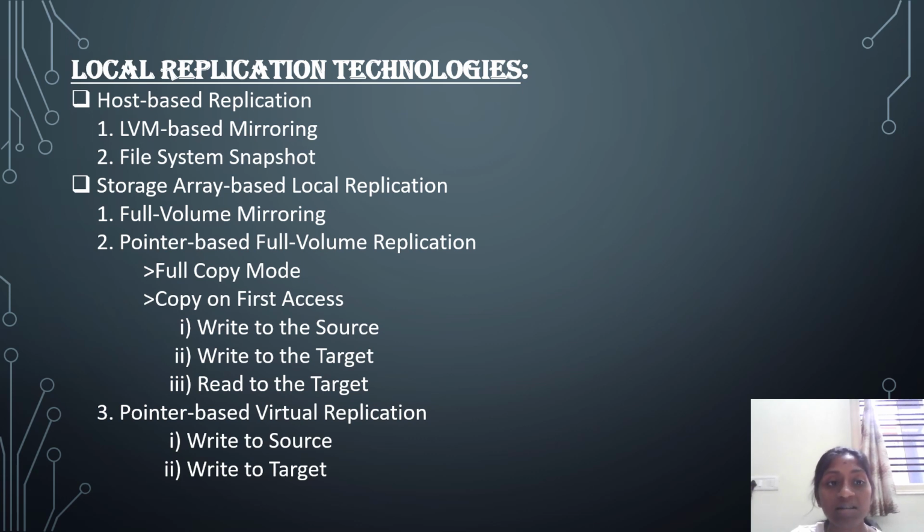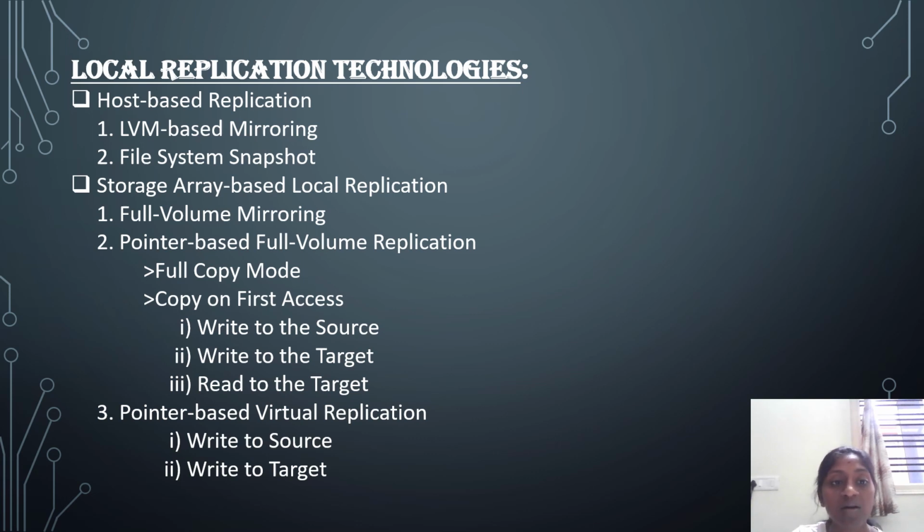Local replication technologies. There are mainly two local replication technologies. One is host-based replication and the second one is storage array-based local replication. They are further simplified. The first one, host-based replication, has two different categories: LVM-based mirroring and file system snapshot.